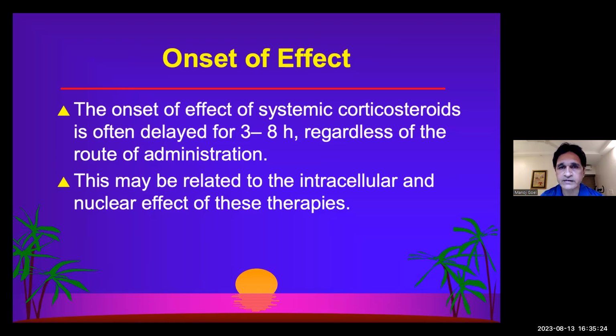In fact, all the guidelines talk about prednisolone during exacerbation of asthma and COPD. They don't talk of hydrocortisone, because the onset of action is going to be the same, and dose-wise they become equipotent. So there is no extra benefit of administering hydrocortisone 3 times a day over prednisolone 20 milligram 3 times a day in a patient who is weighing, say, 60 kg.